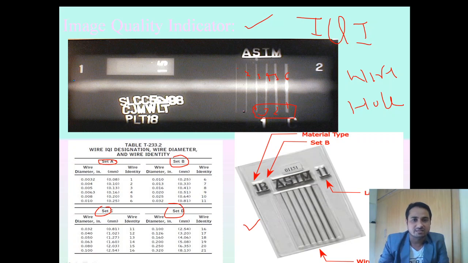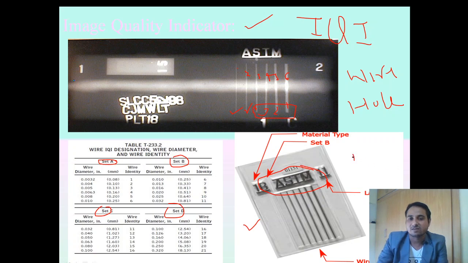If we are getting extra wires, that is okay, we are in a better position. But for acceptance or rejection of the film, the essential wires should be visible. So we need to check that while reviewing the film. And this number of wires may vary from 6 to 11. This is the ASTM type wire.